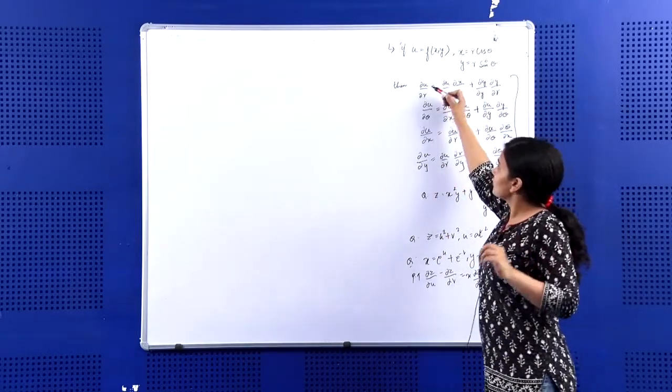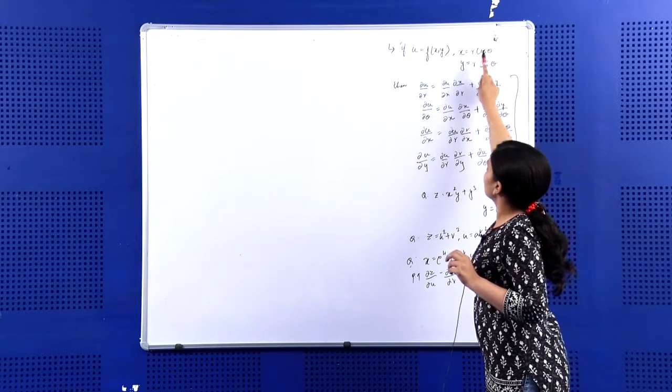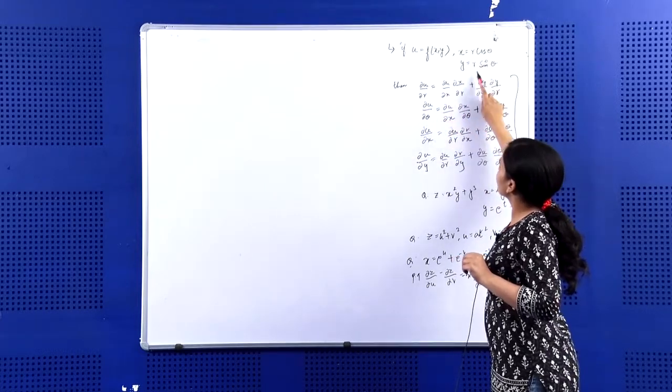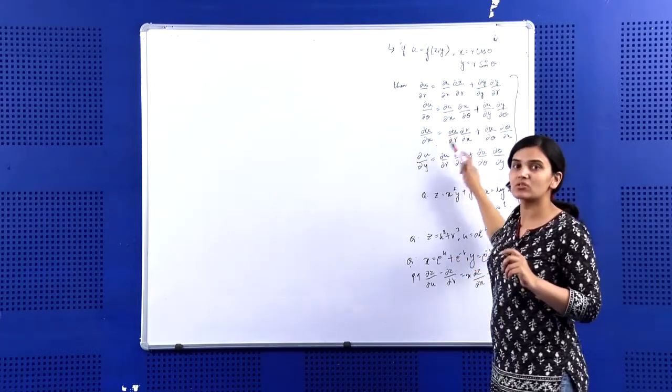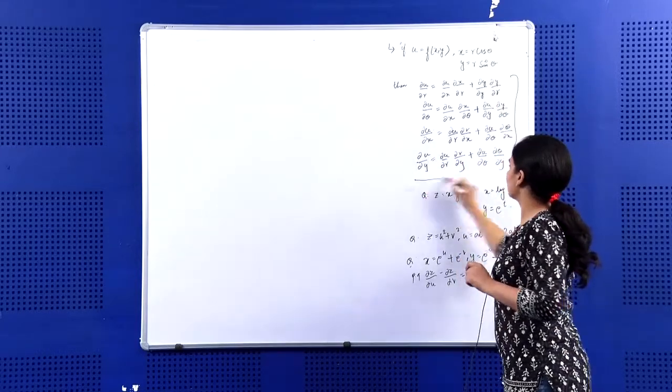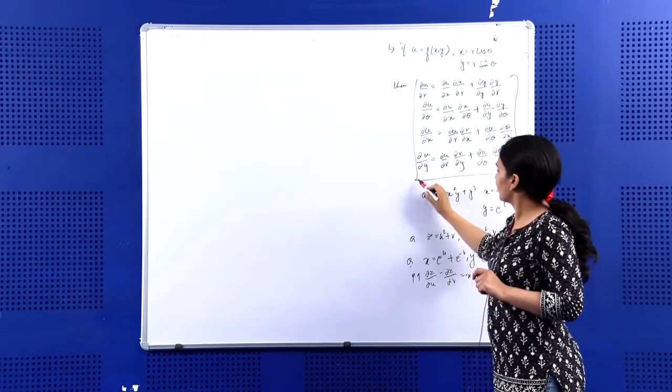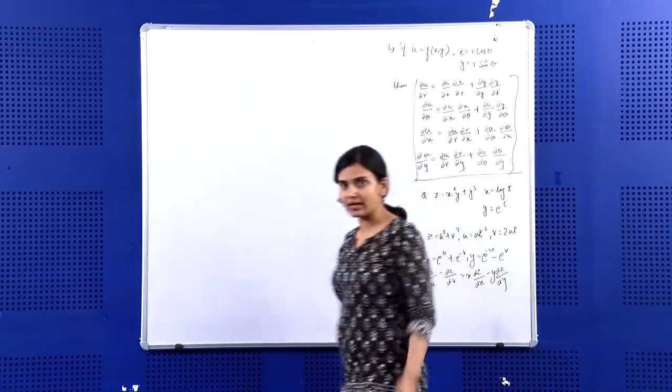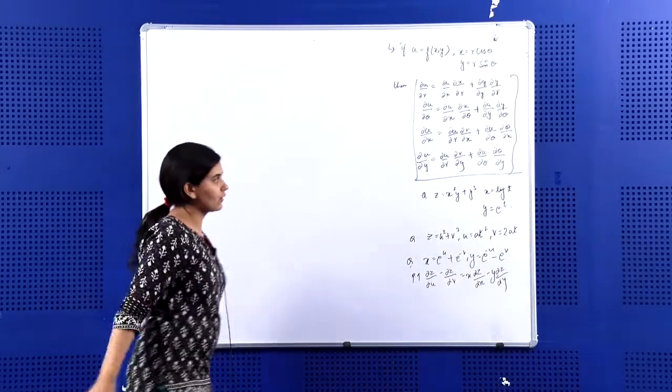Here, you can depend on r, you can depend on theta, you can also depend on x, you can also depend on y. Therefore, we are having these 4 formulas. We may use whatever is required as per the sum we have to solve.